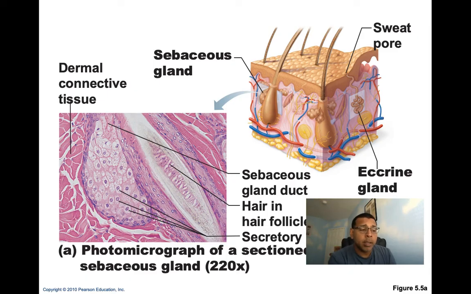These secretions are quite viscous, they're quite thick, and they're sometimes even milky or yellowish in color. These secretions are odorless, but when decomposed by bacteria on the skin, they give off a musky, unpleasant odor that we refer to as body odor.